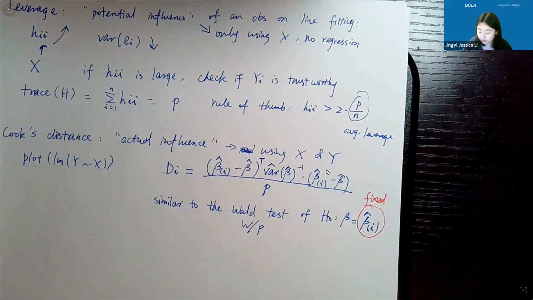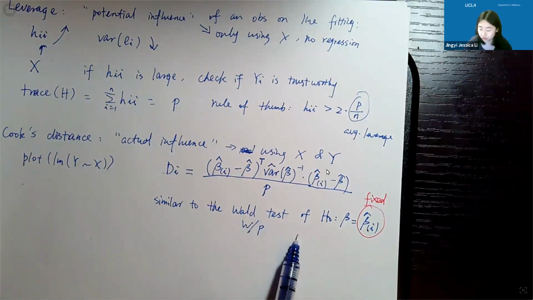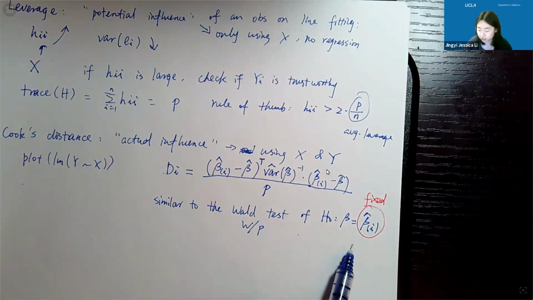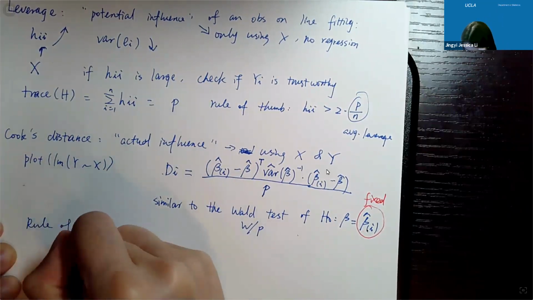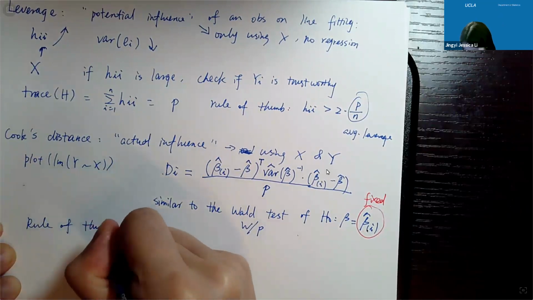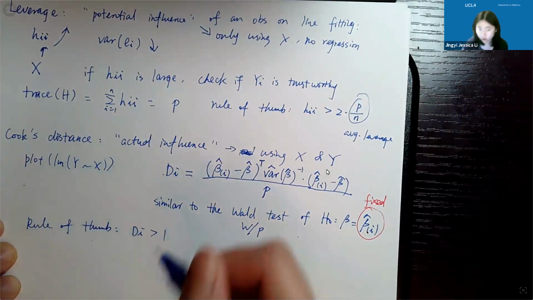And here we also have a rule of thumb that's based on the distribution of this Wald test, if you recall. The Wald test W follows an F distribution with P and N minus P degrees of freedom. Based on that distribution, we derive a rule of thumb for checking whether the Cook's distance is too big to be worried about, and that is 1.